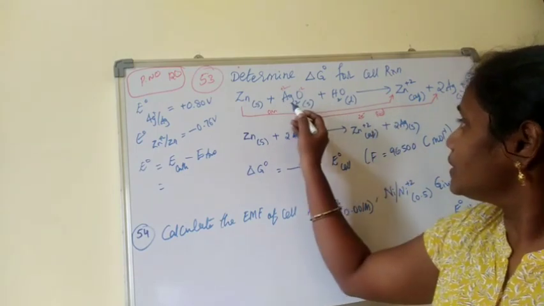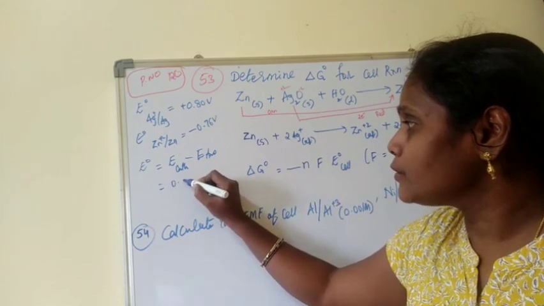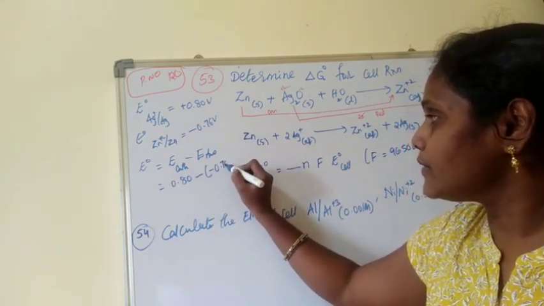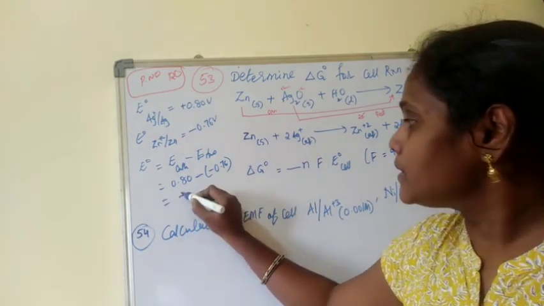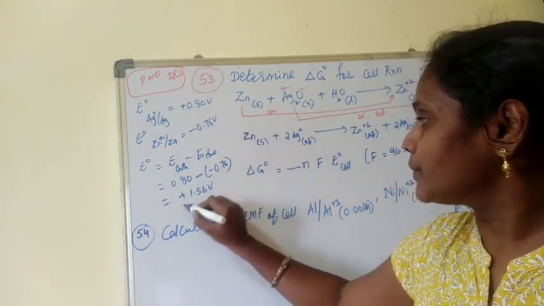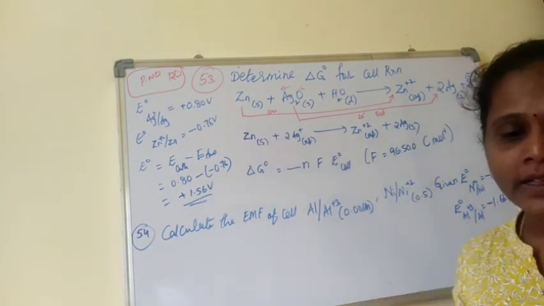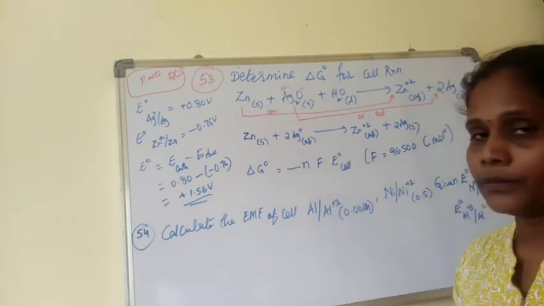Reduction, so silver is my cathode. So you write 0.80 minus of minus 0.76, and you will get plus 1.56 volt. So E naught cell, F and n I have; just substitute and you will get the value.